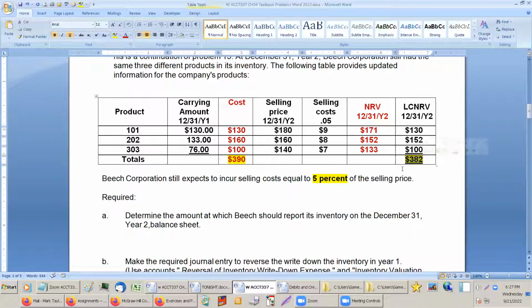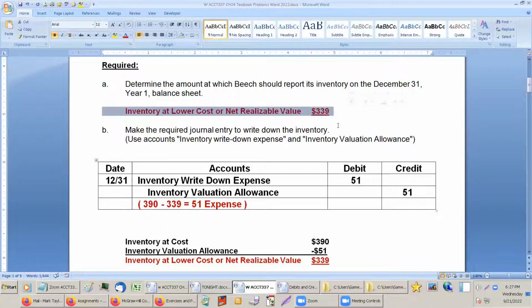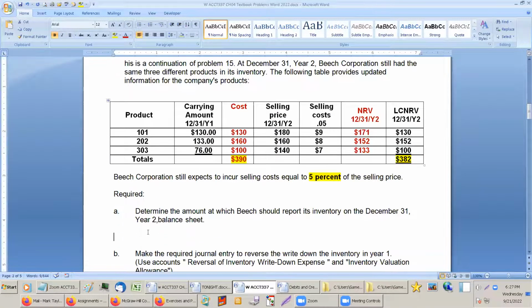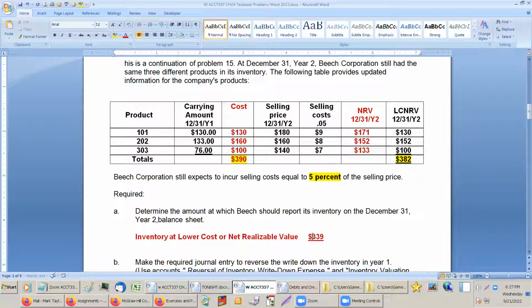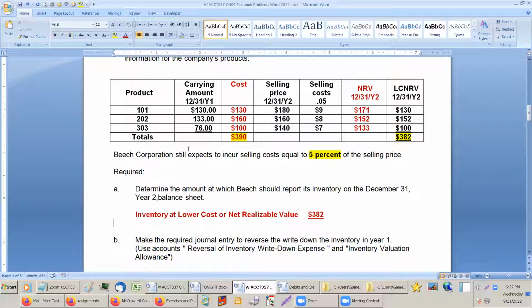Well, this is the lower of cost or net realizable value, so I'm going to be lazy and copy this down. Now notice they still have it on their books at, where did it lose? 339.